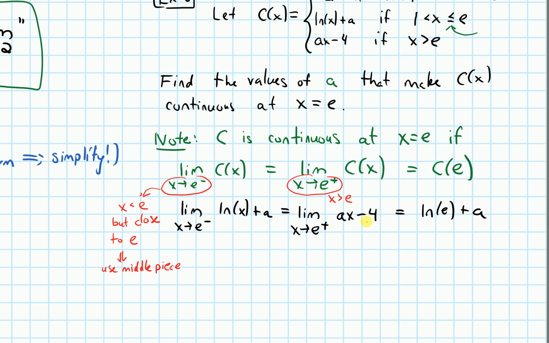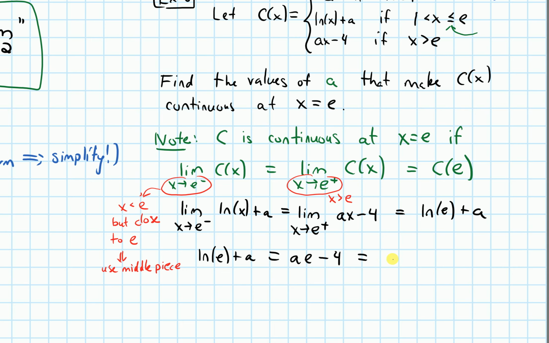Once I know what the function is for each of these one-sided limits, I do my first step with a limit, which is I plug in. If I plug in e here, I get ln of e plus a. If I plug e into this expression in the middle here, I get a times e minus 4.